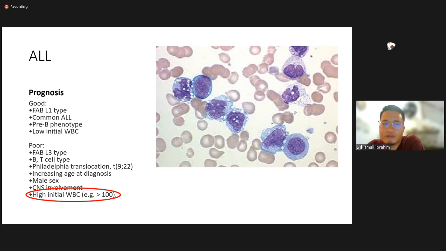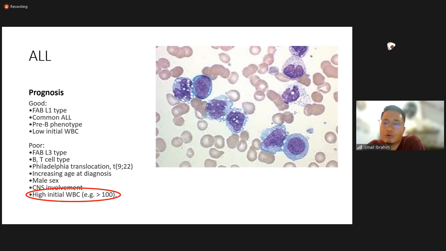And L3, to be more specific, is basically Burkitt's leukemia, and this is the example that we have to illustrate Burkitt's leukemia. And for the last 5 years working in SASMEC, we have seen one Burkitt's leukemia who died, and another one appeared to be something similar to Burkitt's leukemia, and eventually died as well.